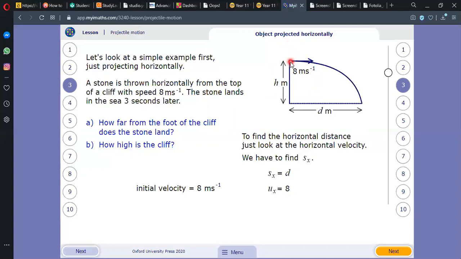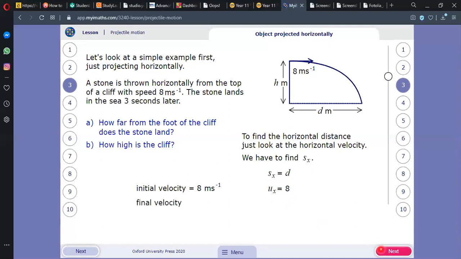This one was actually projected horizontally. Okay, it was thrown horizontally. So the velocity is actually along the horizontal direction. So ux, the initial velocity along the horizontal direction, is directly that 8 meters per second. Well, you should know that the velocity along the vertical direction, or the vertical velocity, definitely is going to be 0 in this case.